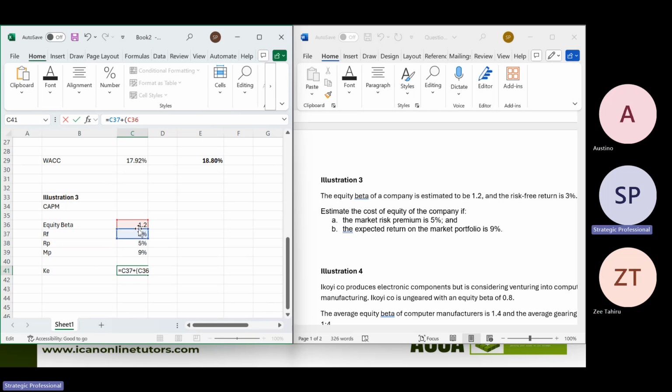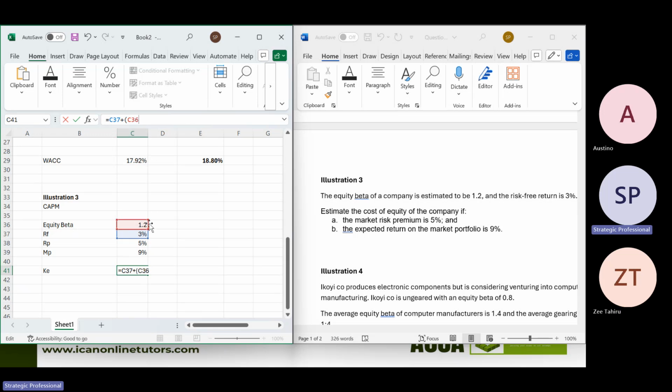Because why? They gave us a risk premium, and they also gave us the expected return of the market portfolio. So there are two ways you can go about this particular question, right? This is it. First of all, this is your risk-free 3%, right?